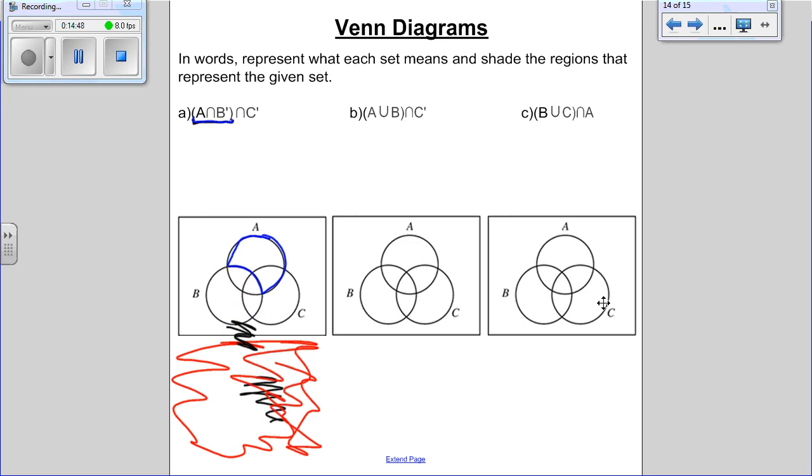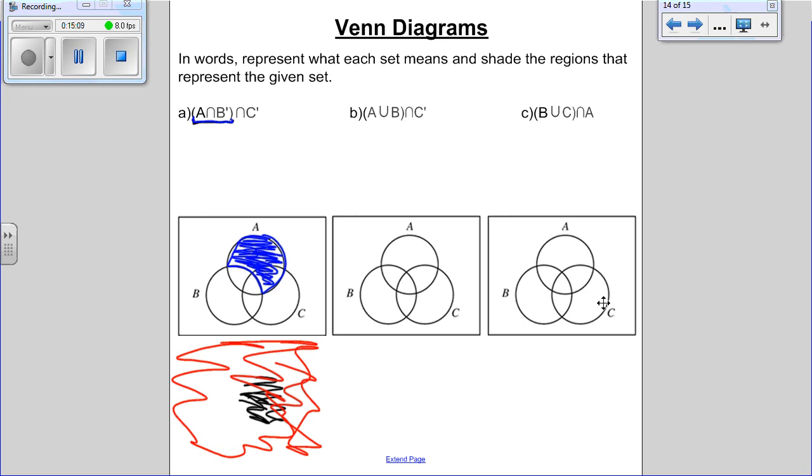So I have that blue portion as being what's inside the brackets. Put it in now, so we know where it is. Now you want to do the second part of the question. The second part of the question is "and not in C."